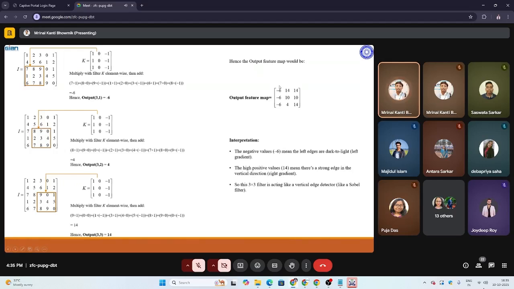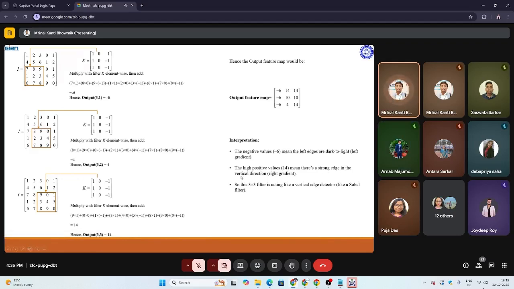So the output feature map looks like this, and for the interpretation, or summary, we can say that the negative values mean the left edges in the image after the convolution operation. Our model predicted that the left edges are dark to light, and high positive values mean there is a strong edge.